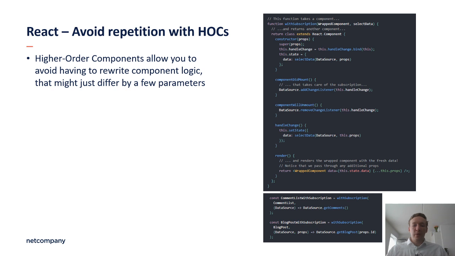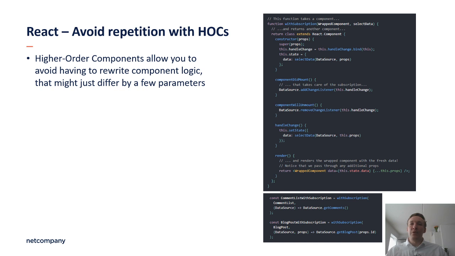There's also one thing that I'm a really big fan of in React, and that's the higher order components. These higher order components allow you to avoid having to repeat component logic that might just differ by a few parameters. So for example, in this example here on the right, you have some data source that you handle the changes to, that you subscribe to when the component mounts, and you unsubscribe when the component dismounts.